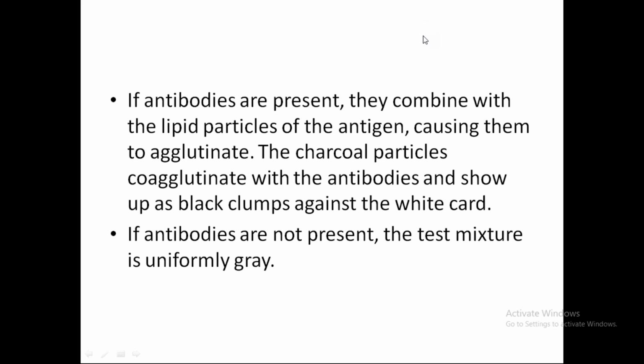If antibodies are present, they combine with the lipid particles of the antigen, causing agglutination. The charcoal particles coagglutinate with the antibodies and appear as black clumps against the white card. If antibodies are not present, the test mixture will remain uniformly gray.